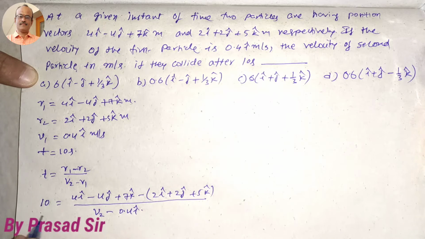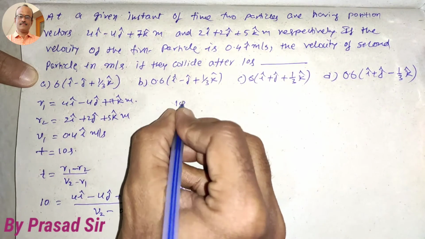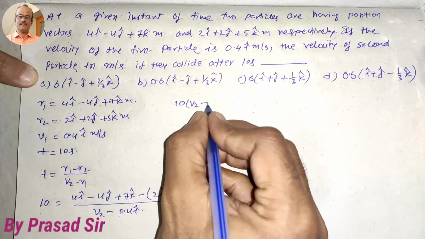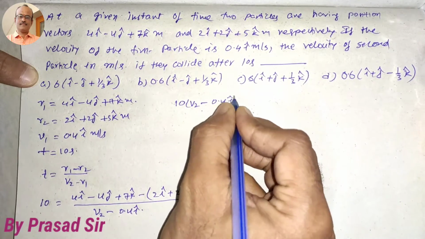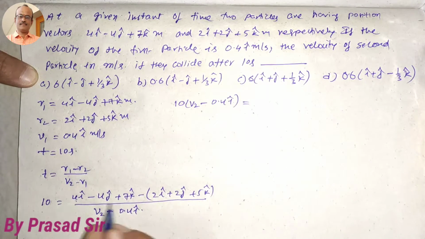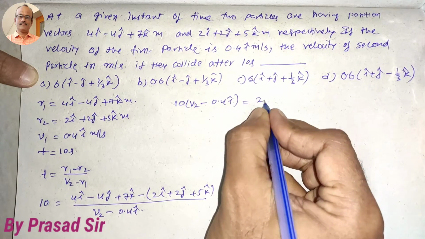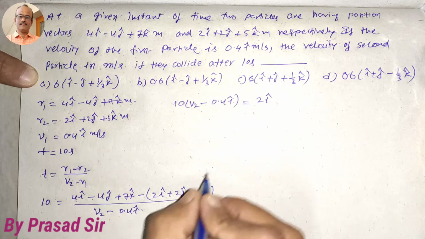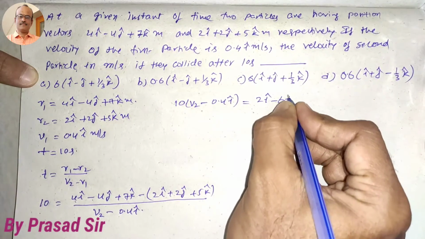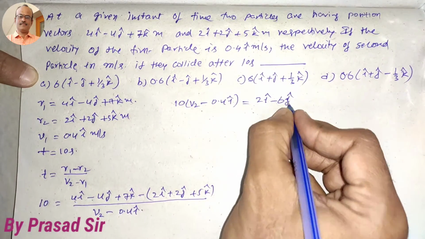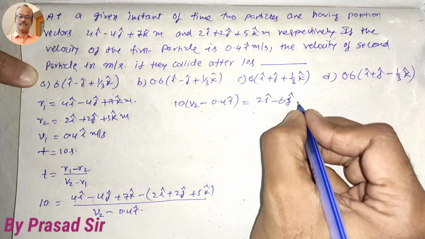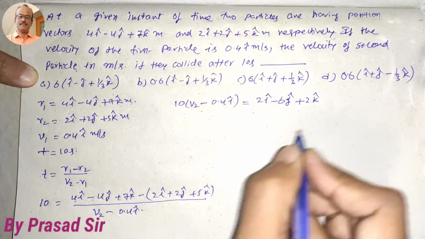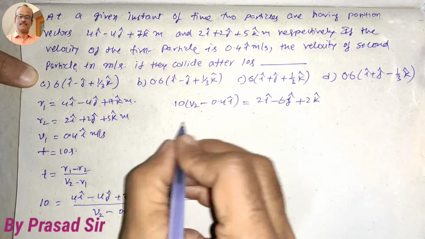Now cross multiplying, 10 times (v2 minus 0.4 i cap) is equal to 4 minus 2, that is 2i cap, minus 4 minus 2, that is minus 6 j cap, and 7 minus 5, that is plus 2k cap.